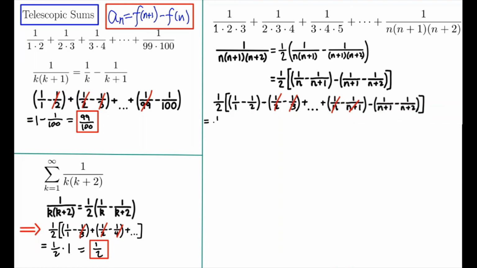We get 1/2 times 1 minus 1/2 minus 1 divided by (n plus 2), and actually that's just 1/2. So I'm going to write 1/2 minus 1 divided by (n plus 2). This is pretty much our answer, so I'm just going to leave it at that. There we go.